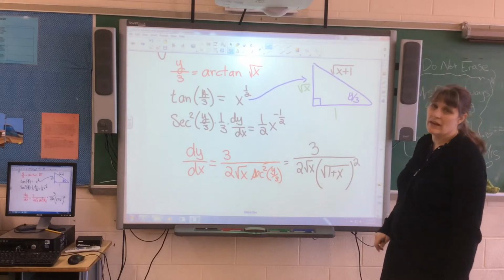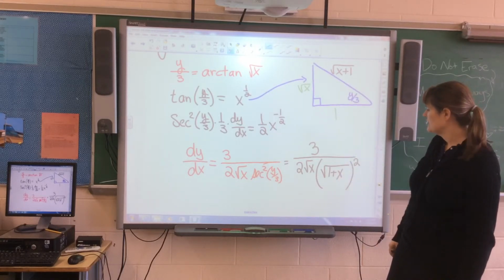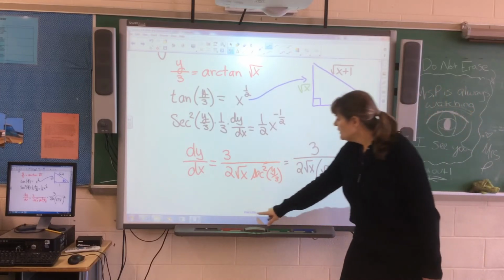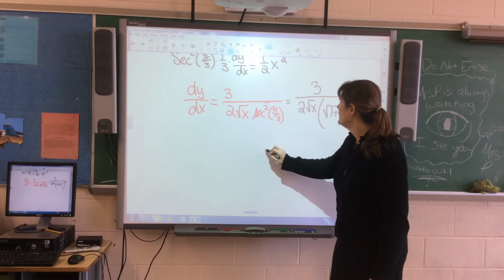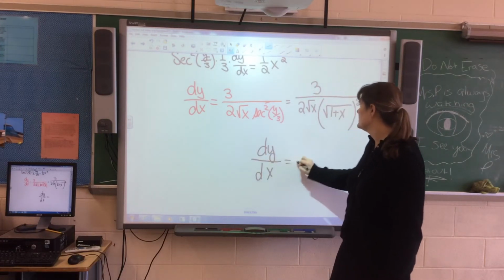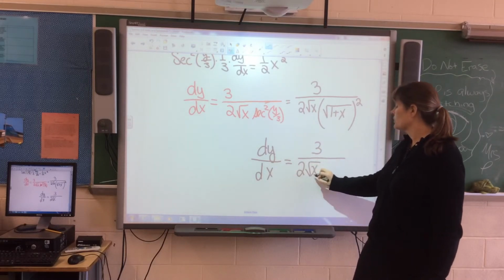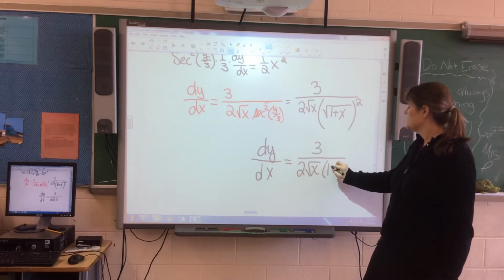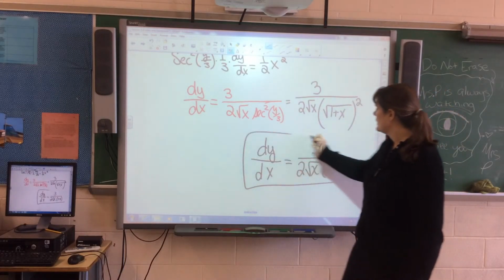And then we're going to square that. Now, that's handy, because when we square the square root, it's going to go away, undoes it. So we have 3 divided by the 2 square root of x times 1 plus x. And that is our answer.